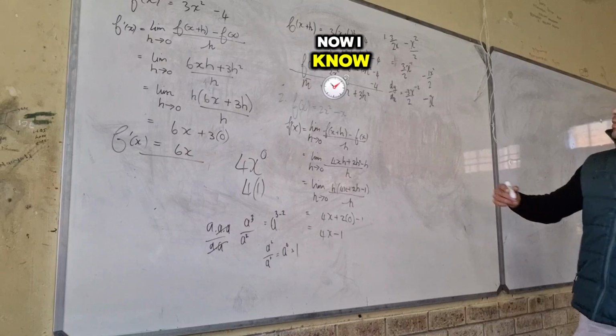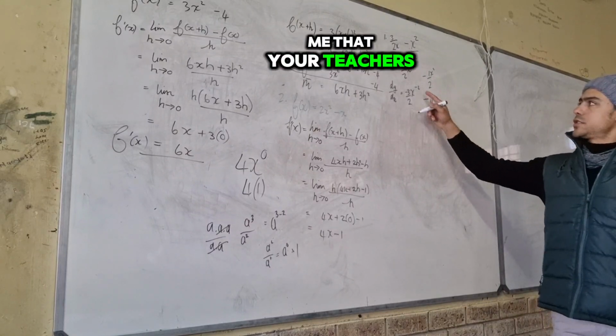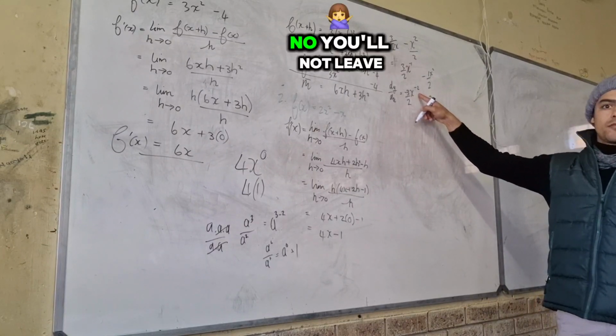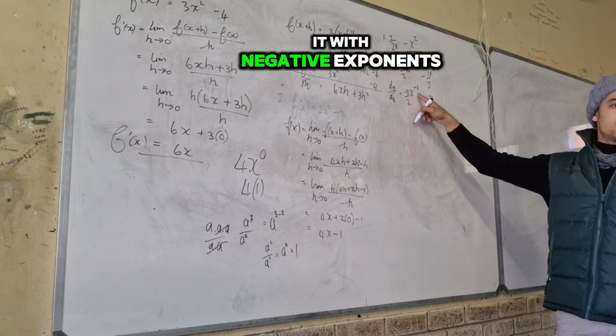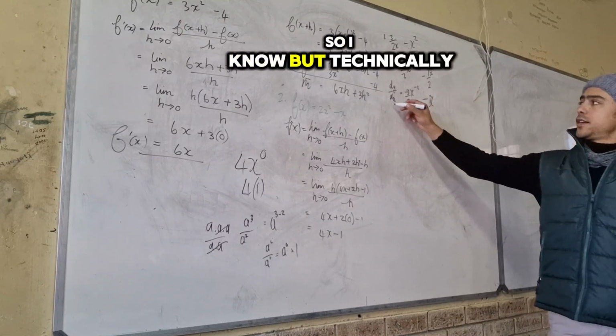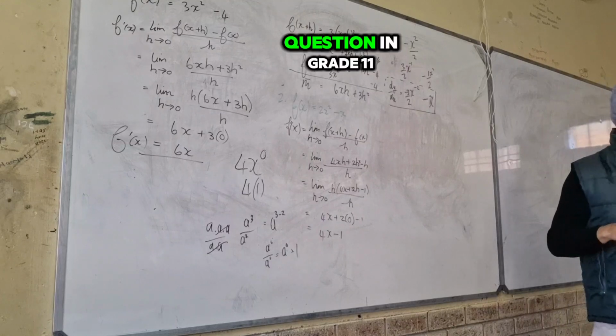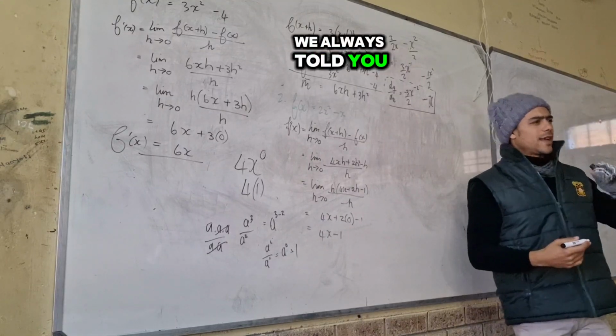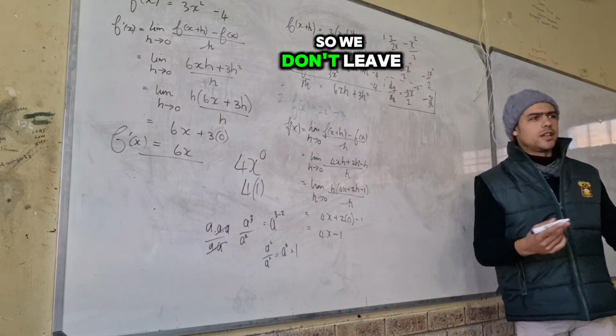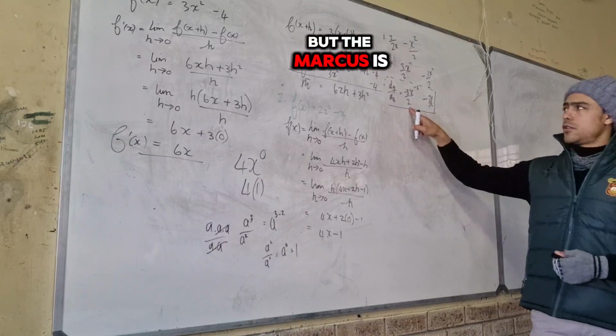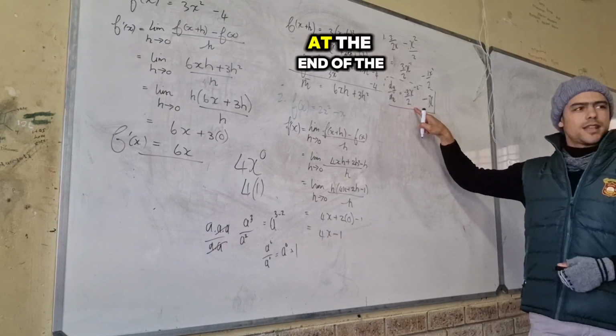Now, I know the previous class told you that your teachers ask you to not leave your answer with negative exponents. In grade 11 we always told you to write with positive exponents, but the markers are supposed to mark this at the end of the year.